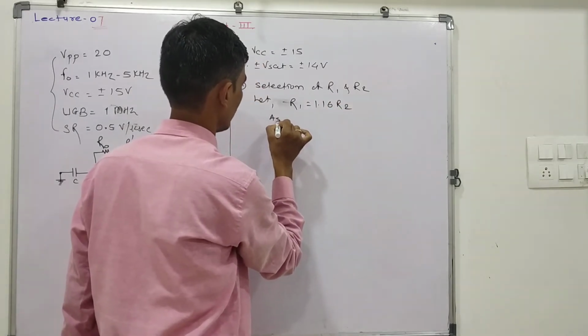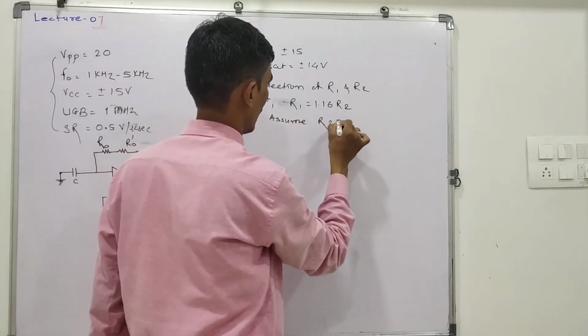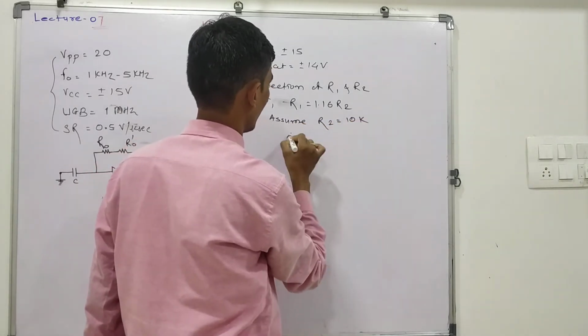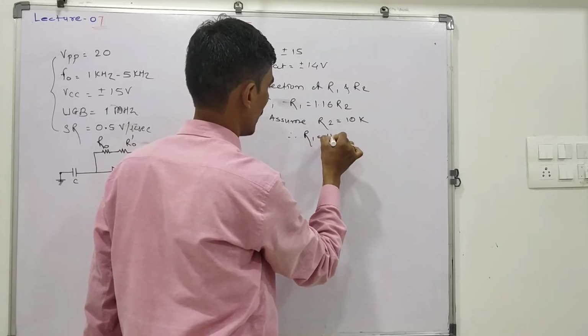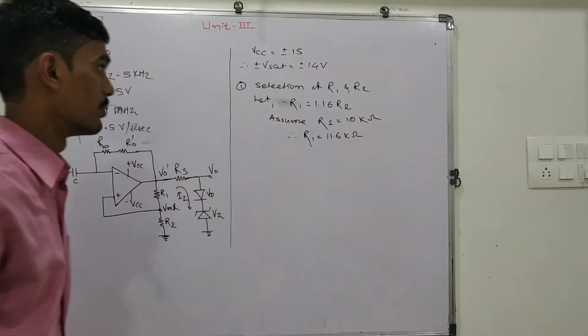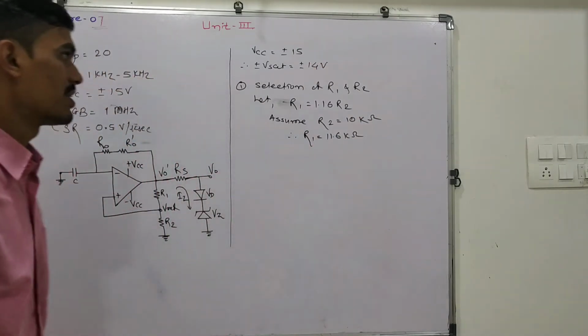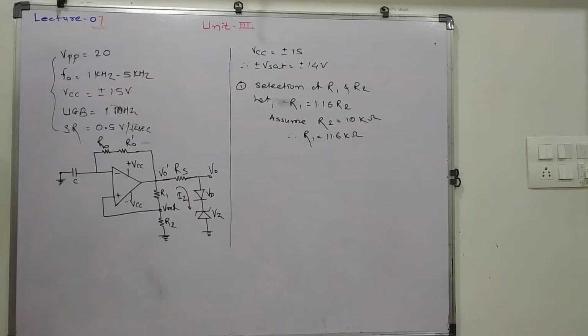Now assume R2 is equal to 10K. Therefore R1 is equal to 11.6 kilo ohms. So this is nothing but the value of R1 and R2. So R1 is equal to 11.6 kilo ohms and R2 is equal to 10 kilo ohms.